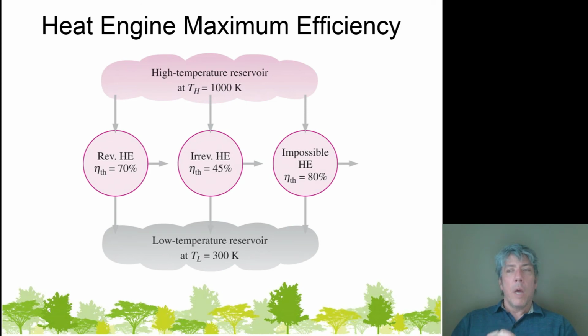What else could we do? Well, what if we could make the engine out of some materials that could withstand extremely high temperatures, higher temperatures than we experience in our car's engines right now? That would be a good idea. What if we could make an engine where there's less loss of energy? Because think about it.